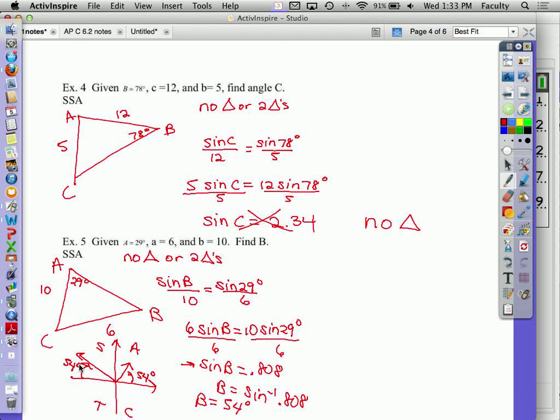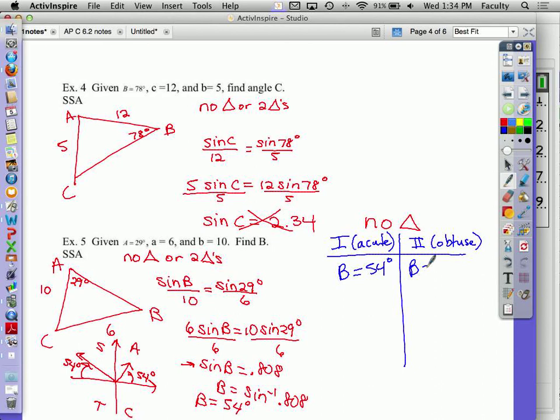Does that make sense? I've got 2 possibilities. So, when it's 2 triangles, you can put first quadrant, or the acute angle B is 54 degrees. The second one is actually an obtuse triangle.